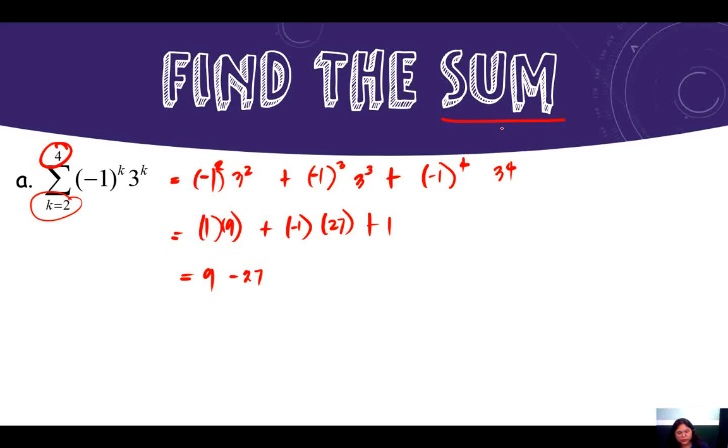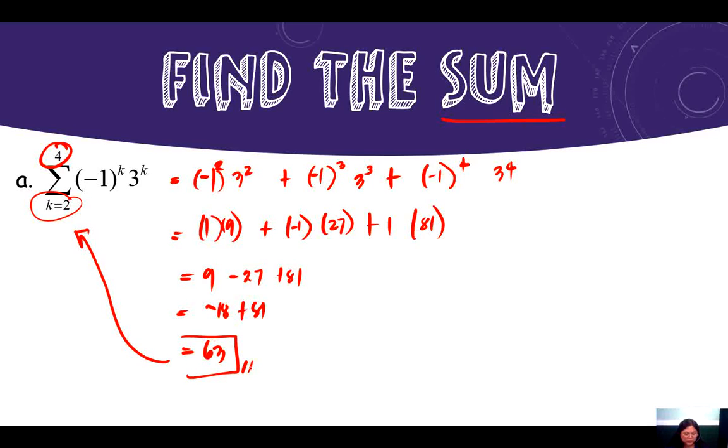So 3 raised to 4 is 81. 1 times 81 is 81. Then, simplify. 9 minus 27 is negative 18, plus 81. So we have 63. So the sum of this summation is 63. Do not forget to look for the starting point and the end point.